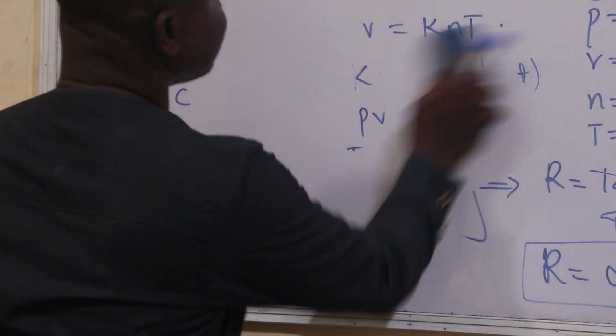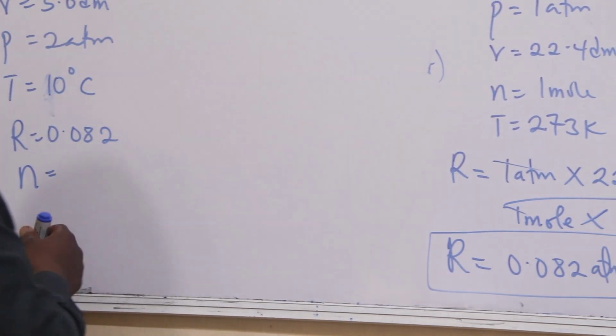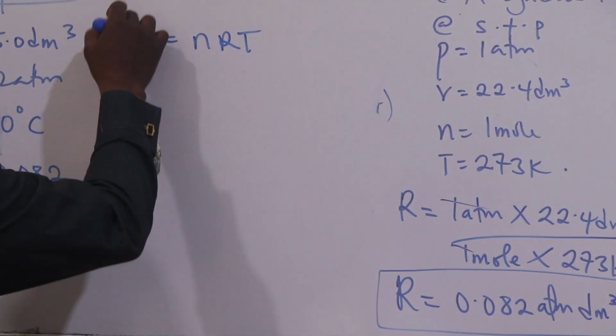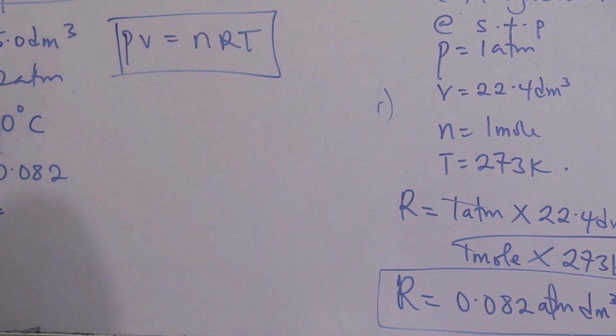Now let's use our formula. Our formula is PV equals nRT, the ideal gas formula.